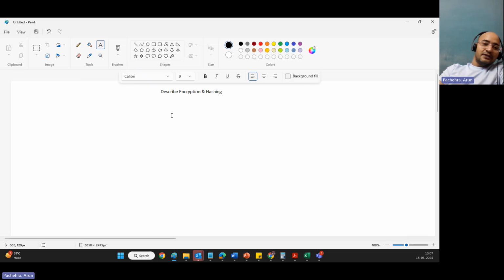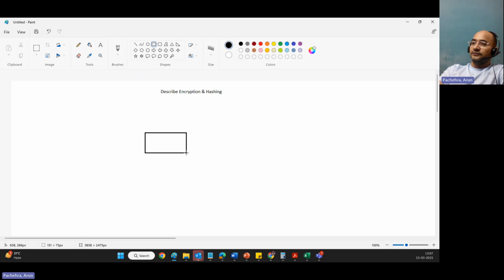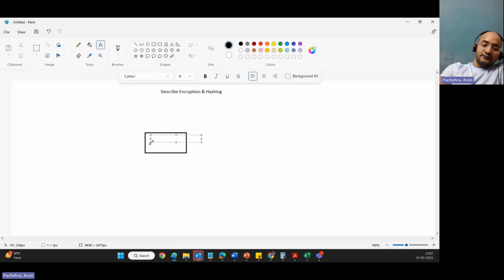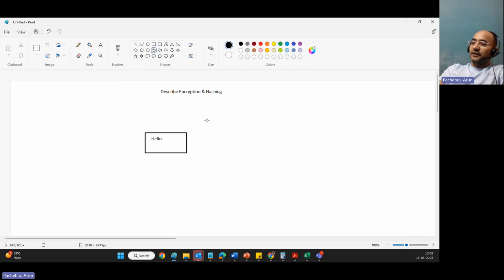Encryption is the process of converting a readable text into unreadable data or cipher text. So there is this text, let's call it hello. Right? We can read it, but if we encrypt it, it will not be readable.